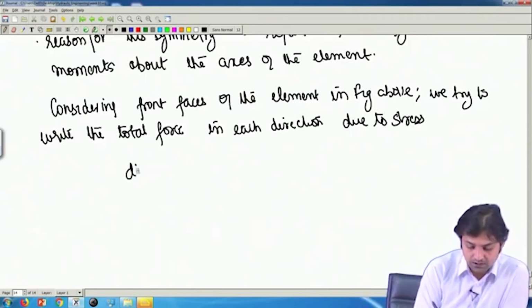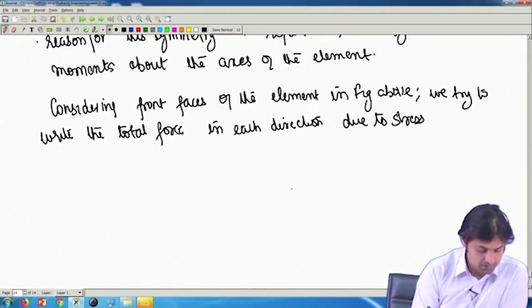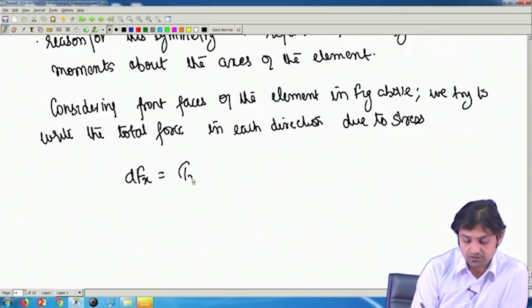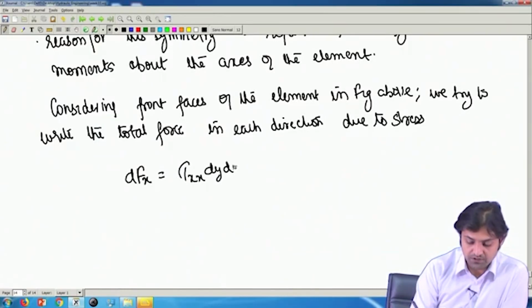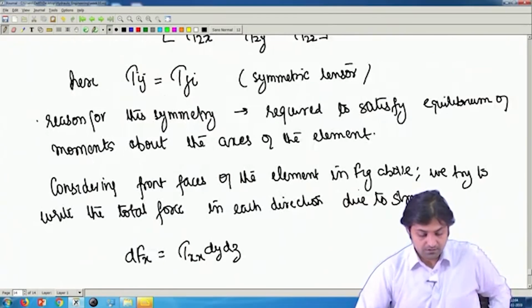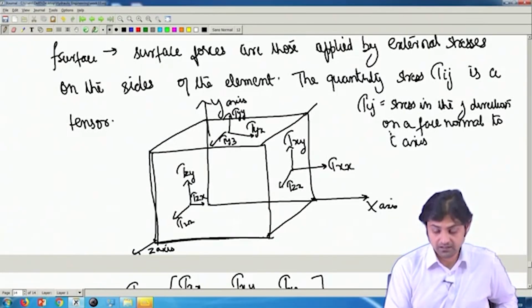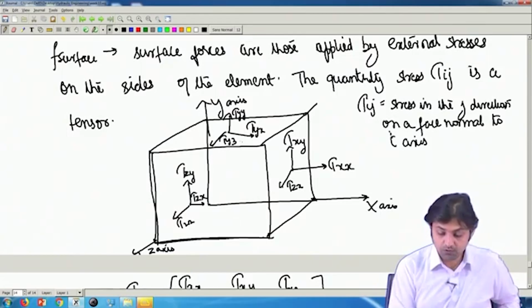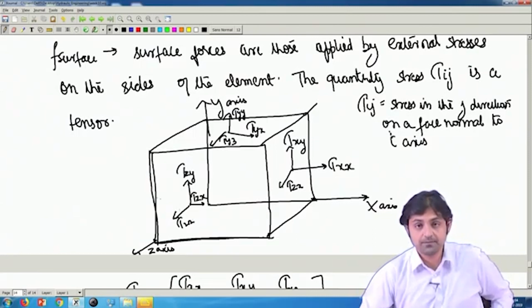So dfx in x direction. So tau xx is in this direction and it's acting over the plane which has an area of dy dz. I should actually show you once for this one. If you see, tau xx is acting in x direction, also tau yx is acting in x direction, and tau zx is also acting in this direction, multiplied by the corresponding area.